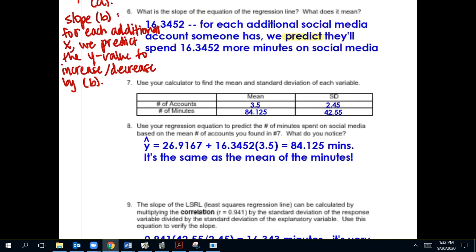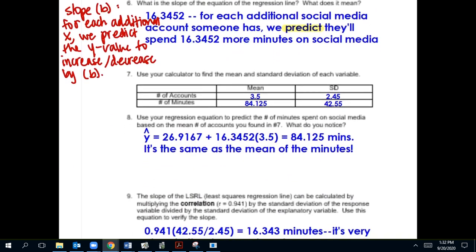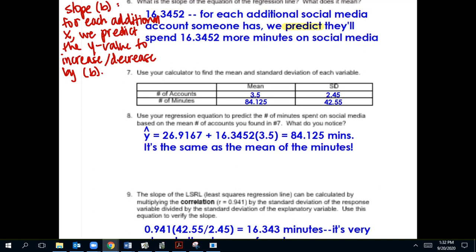All right, number 7, we wanted you to just do some playing around with the values and notice some things. First, when you plug in the mean, x bar, you get the mean of the y values, y bar, which means that all least squares regression lines pass through x bar, y bar.